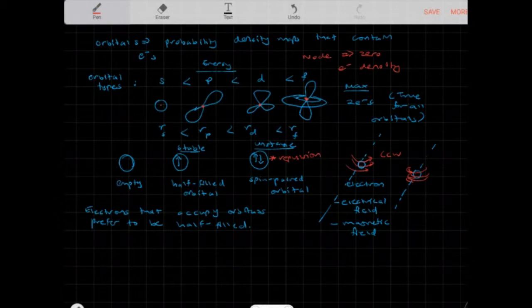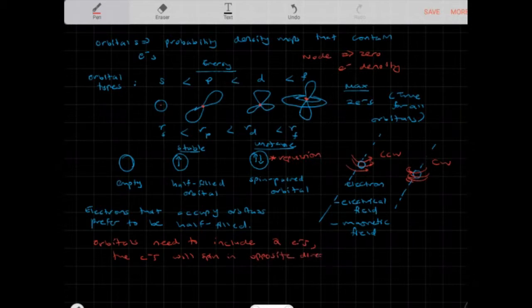Now, in most cases, 2 electrons need to occupy the orbital. In the case where 2 electrons need to occupy an orbital, the 2 electrons will actually spin in opposite directions, right? So when orbitals need to include 2 electrons, the electrons will spin in opposite directions.